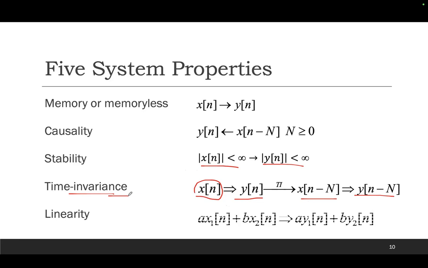And linearity: if you have two different signals as input, the output should have the same relationship. Yeah, this is linearity. These properties can help us analyze signals.